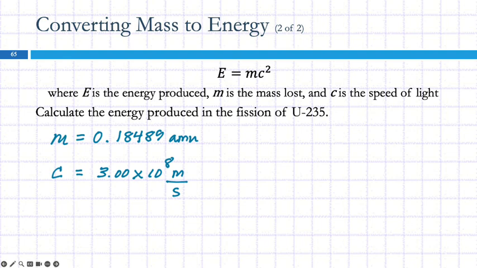And so the base unit for mass is the kilogram. So we need this to be in kilograms. We're going to square the speed of light, so that's going to get us meters squared per second squared. And kilograms meters squared per second squared is a joule. So that's what the units need to be.